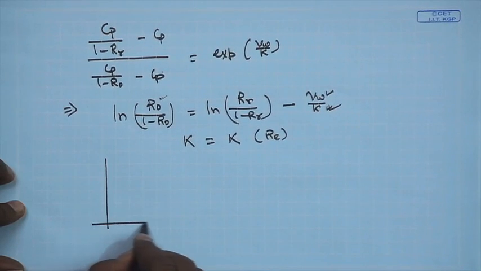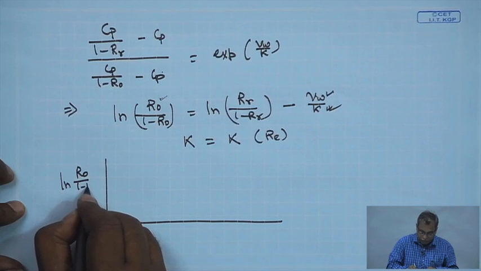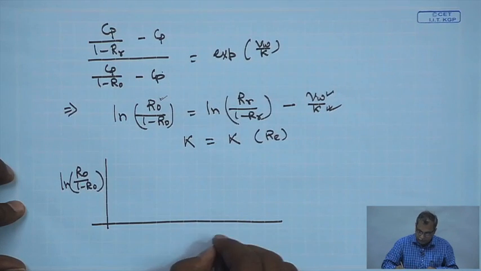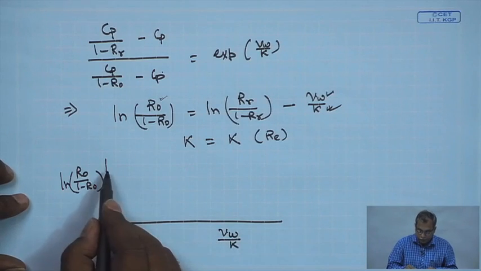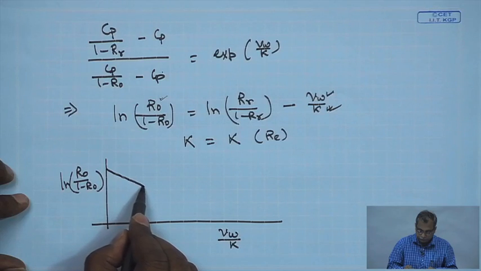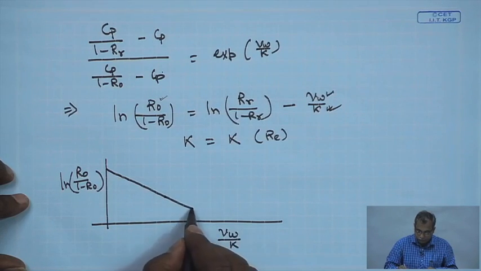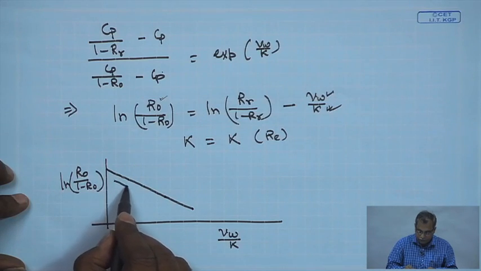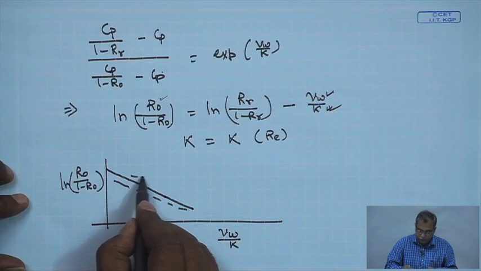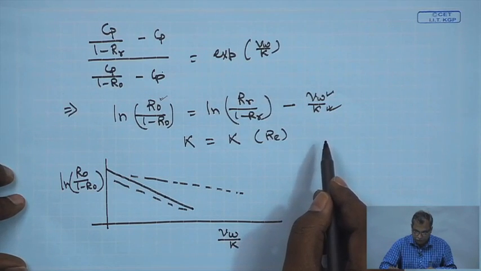So, now if we plot ln R naught divided by 1 minus R naught versus Vw by k, you will get a curve something like this. Actually, this will not be hitting the y axis, the curve will be something like this, and similarly it will be for the other values of mass transfer coefficient.